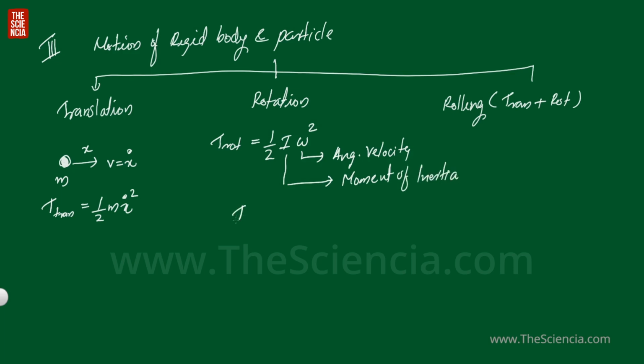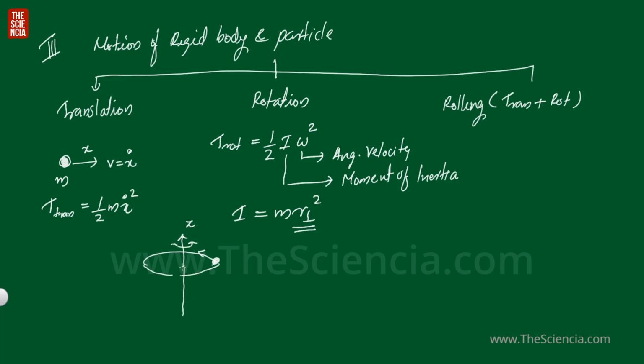And what is moment of inertia? You know I is equal to m r perpendicular square. This is very important, perpendicular square. I already told you two cases. Suppose a particle is there, it is rotating about an axis. Suppose this is a z axis and this particle is rotating like this. Okay, about z axis it is rotating.